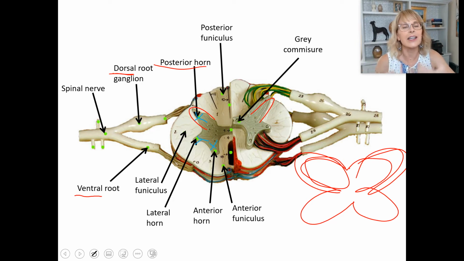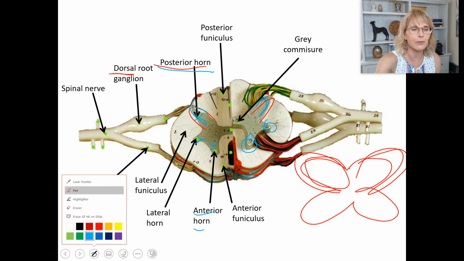I always think it is amusing to think of a butterfly as having horns because, of course, they don't, right? So that's how I remember that the different parts of the butterfly are called horns. The ones that are bigger and farther away from you, if the model was in front of you, are called the posterior horns. These out to the sides are the lateral horns, yay. And these closer to you, those are the anterior horns. Okay, boom, we're halfway there.